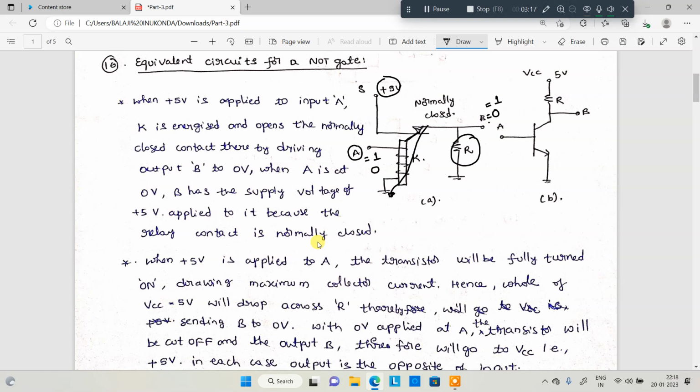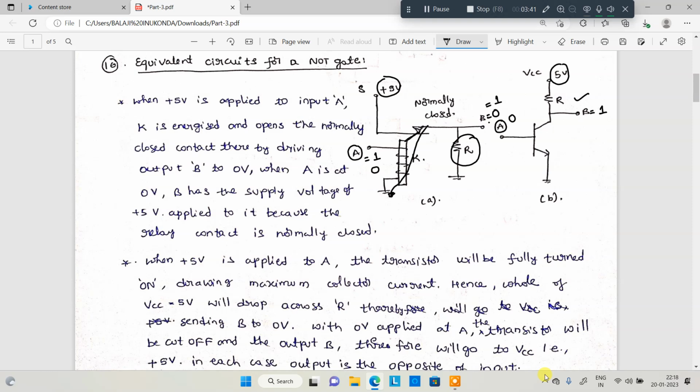Next, coming to the transistor, this is the representation for the NOT gate. If A is equal to 0, the transistor is in the cutoff region, so the 5 volt present here will be available at the output, equivalent to 1, the high voltage.